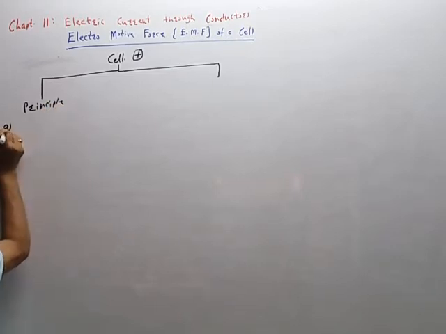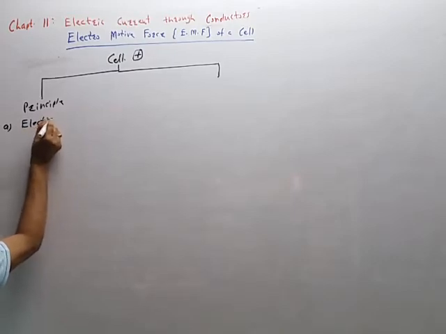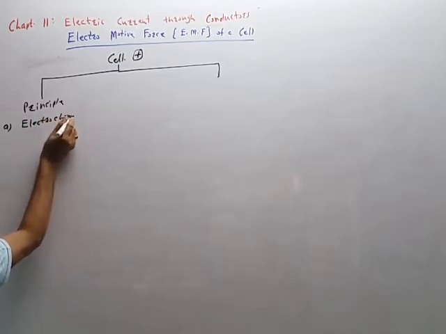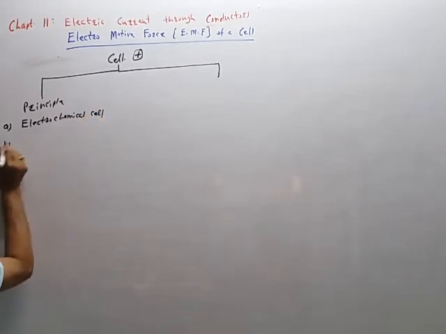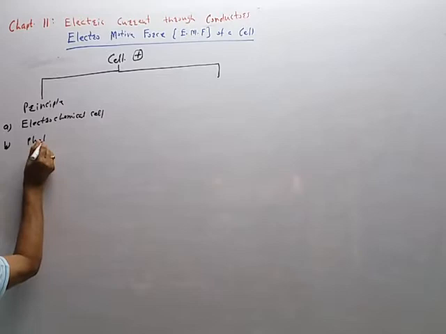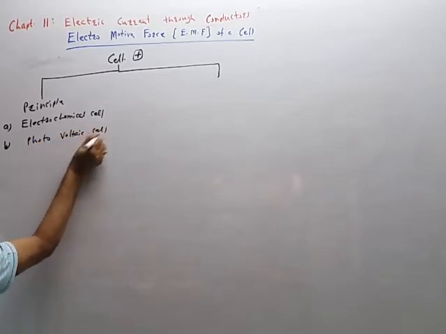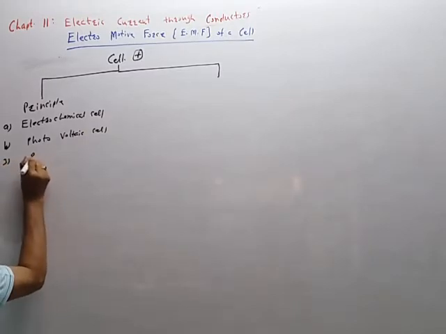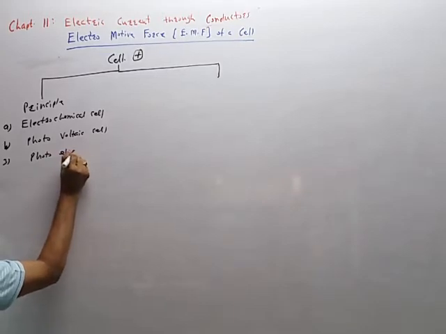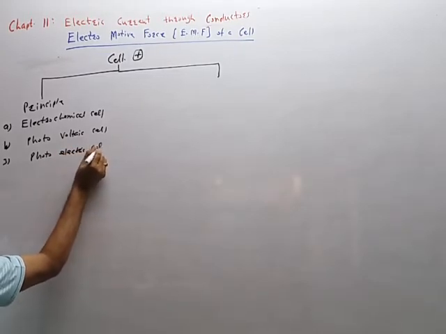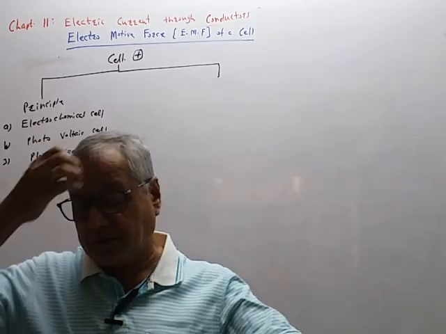Principle: one is an electrochemical cell, second is a photovoltaic cell, photoelectric cell, like this. This is one method of classification.